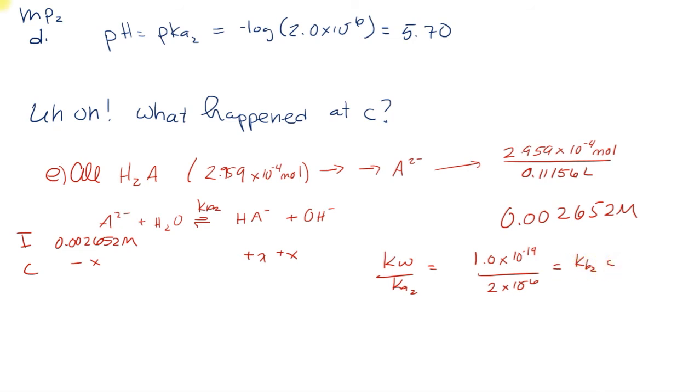That says negative 14, not 19. Sorry. It's a digital pen. So we get 5 times 10 to the negative 9. Okay. And so it's going to equal x squared over 0.002652. We solve for x.